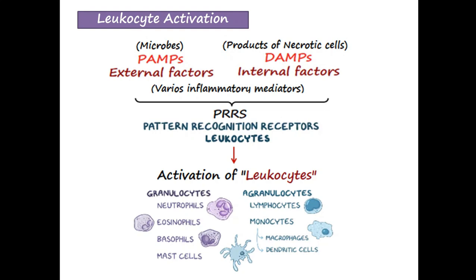The macrophages and dendritic cells are also known as the antigen presenting cells because they will present certain parts of the pathogen they ingest to other inflammatory cells, and in this way they will amplify the inflammatory reaction.